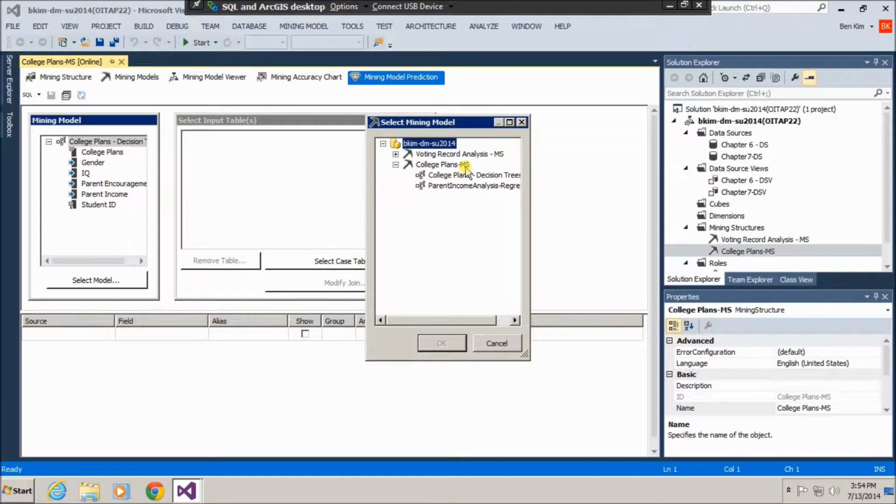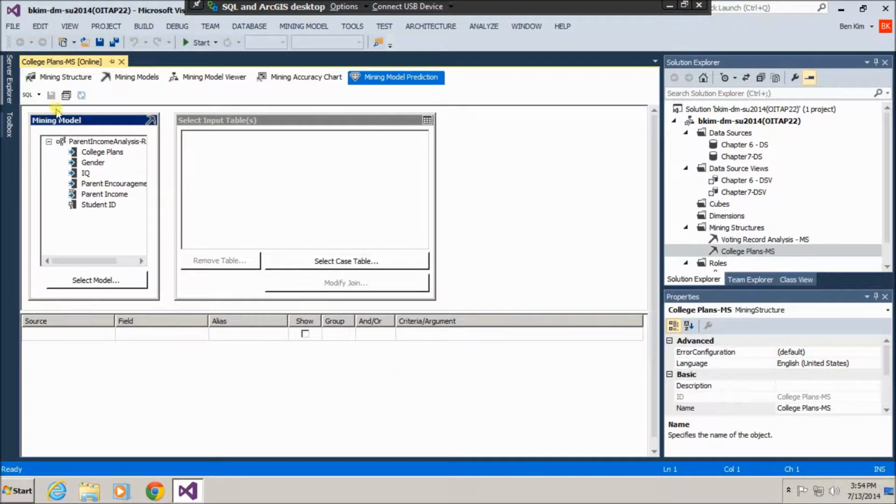We're going to use the college plans mining structure, and then the parent income analysis regression within this college plans mining structure as our model. As you can see over here, the model has been changed.